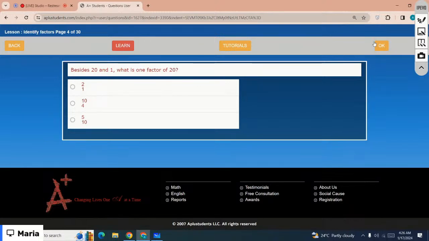Both the numbers can divide 20 completely, right? This is the concept over here.